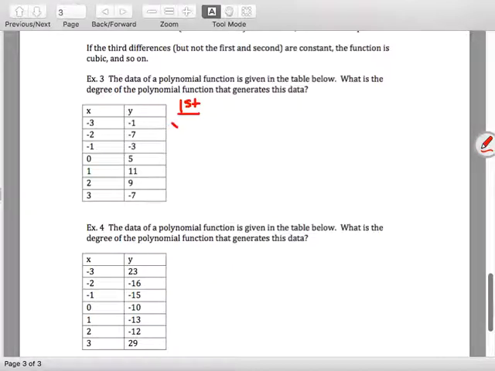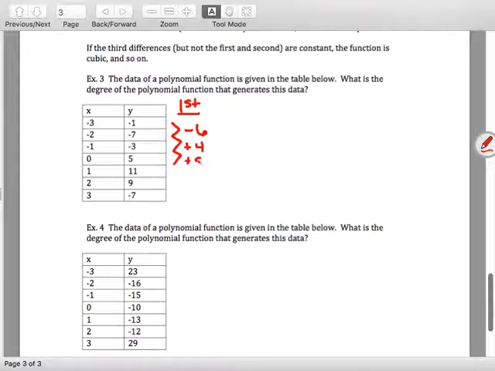So what you're going to do is find the differences. This is what we did yesterday. So if you have to use a calculator, you're going to take the second y value minus the first y value. So you would take negative 7 minus negative 1. I can just tell it goes down 6. This one's going up 4.